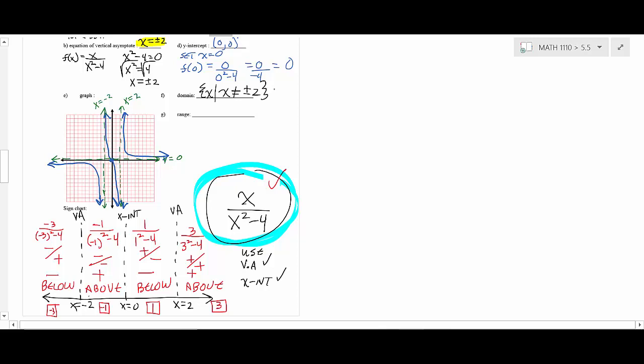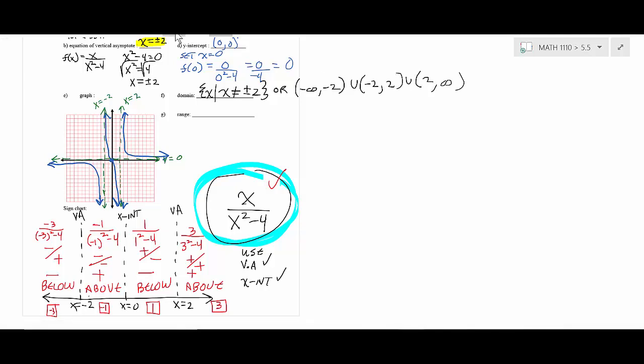If you write it in interval notation, you have to say negative infinity to negative 2, that's all acceptable, and then negative 2 to 2, and then 2 to infinity. And what you're doing on that is, since you're using parentheses, you're telling me that it can't be 2 and negative 2. So you want to be able to write that both ways, okay?